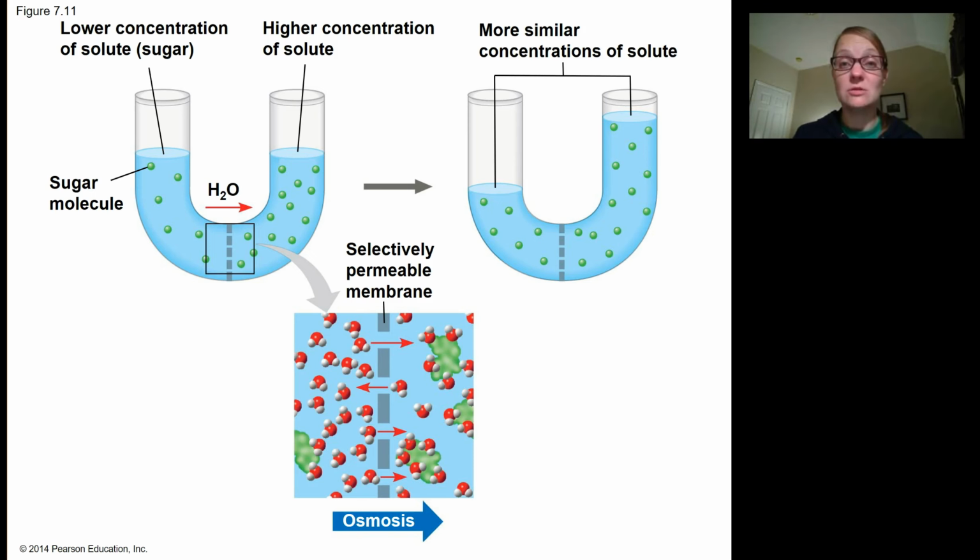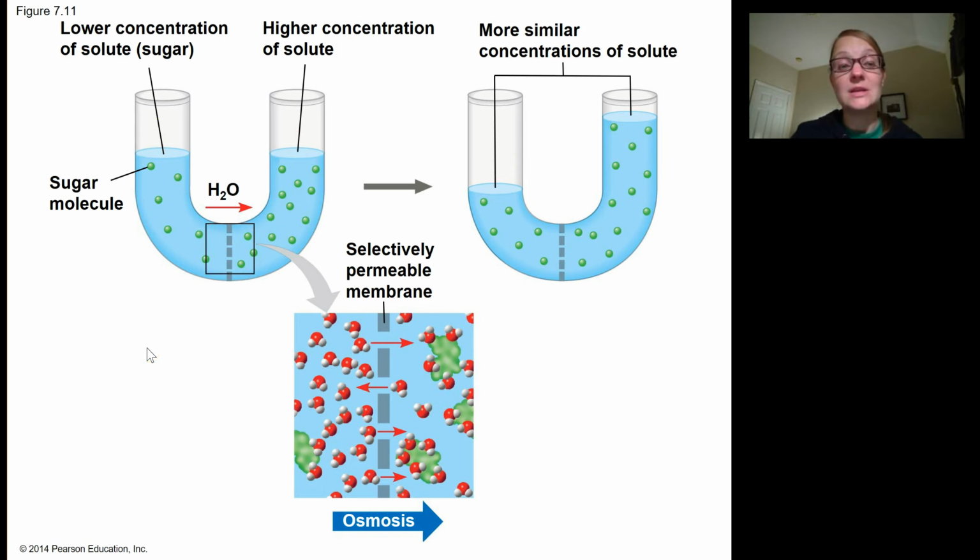And so this U-tube, this system, would like to reach equilibrium. It would like to have equal concentration of sugar molecules on both sides of the U-tube. And if there was no membrane at the bottom, then all of these sugar molecules, again, would diffuse to the other side in the net diffusion direction until we have an equal distribution of those solute or sugar molecules throughout the entire U-tube.